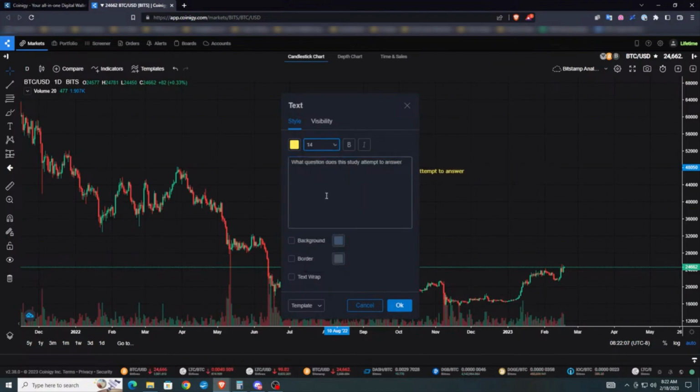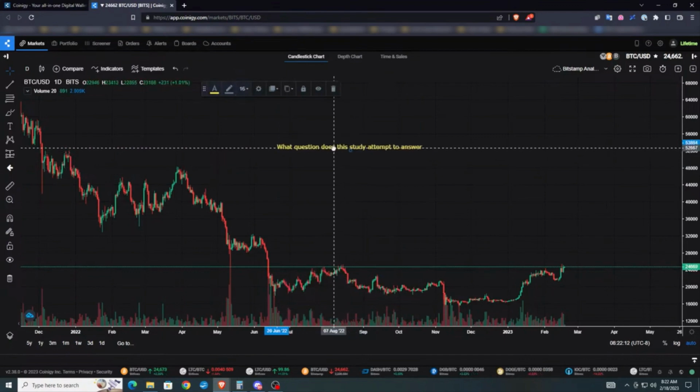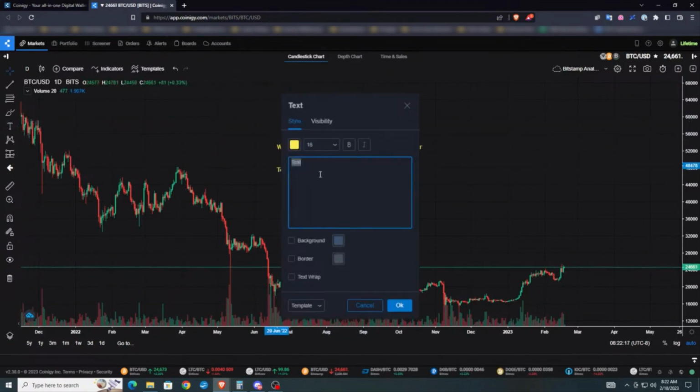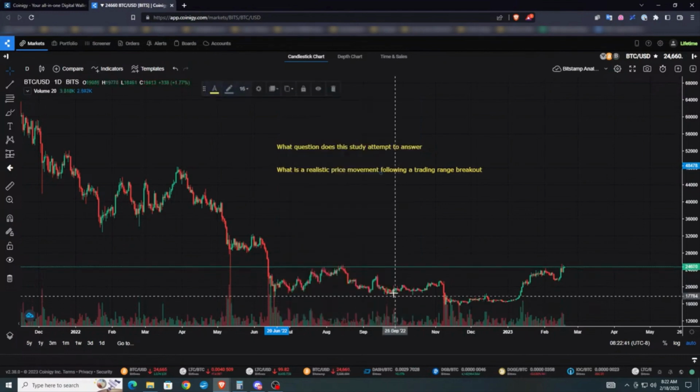What we're looking for specifically with this particular study is: what is a realistic price movement following a trading range breakout? What is a realistic price movement following a trading range breakout? I think that works.